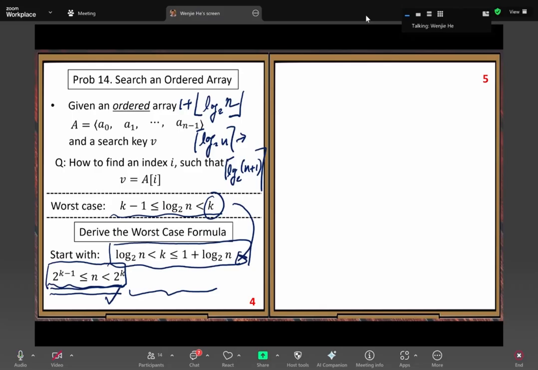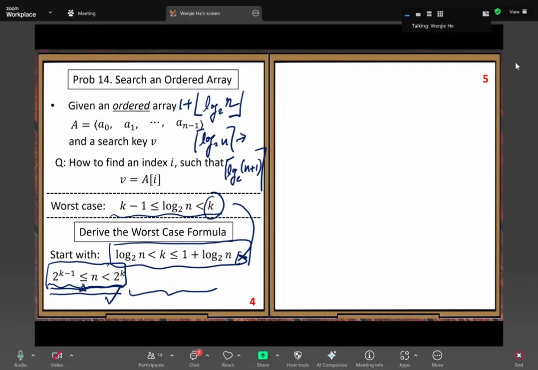But when you look at this inequality, all right, Shaza, join us. You can see this inequality, actually we have two inequalities, right? The left half and the right half. The left half inequality, we include the equal case.